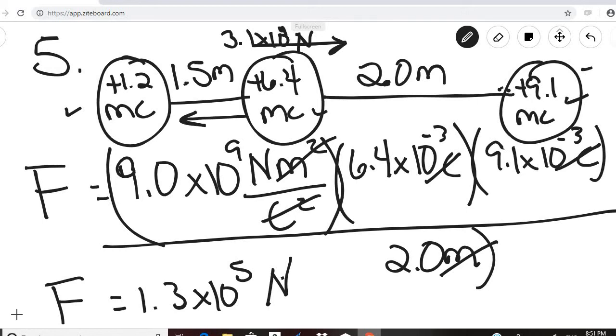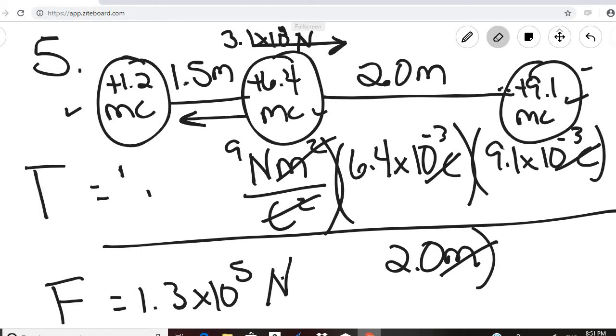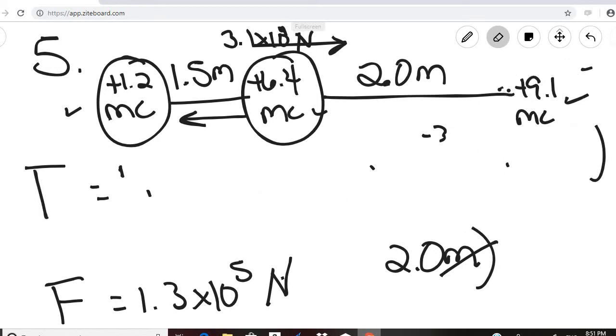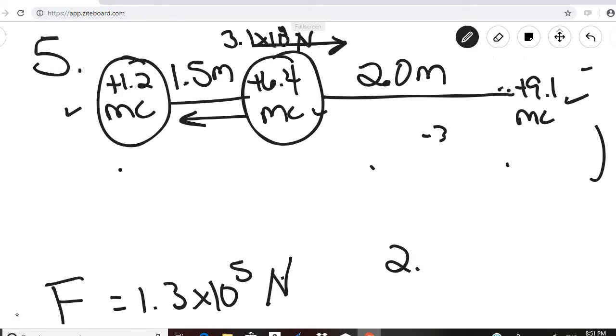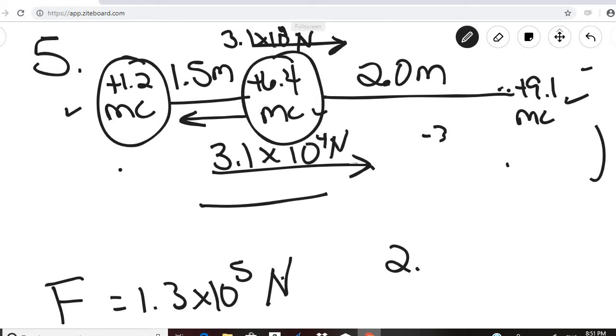So what we have then, in terms of acting on that 6.4 particle, is a force in this direction of 3.1 times 10 to the 4th newtons, and then we have a force in this direction of 1.3 times 10 to the 5th newtons.